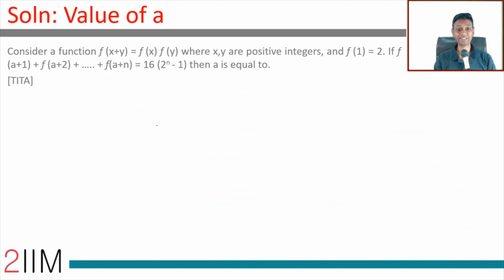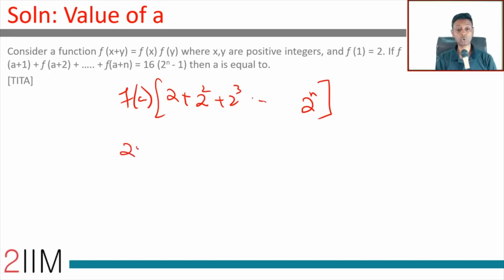So what are we adding? We're adding f of a into 2 plus 2 square plus 2 cube all the way to 2 power n, or 2 times f of a into 1 plus 2 plus 2 square all the way to 2 power n minus 1.